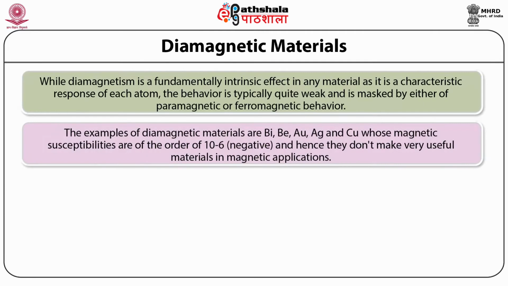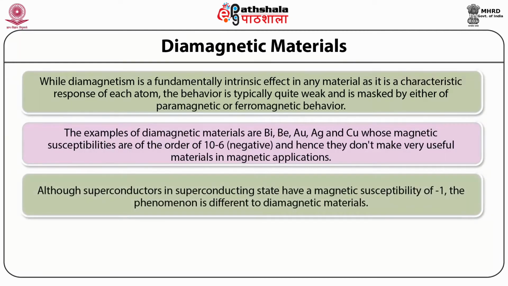The examples of diamagnetic materials are bismuth, beryllium, gold, silver, and copper, whose magnetic susceptibility is of the order of 10 to the power minus 6 and negative, and hence they don't make very useful materials in magnetic applications.